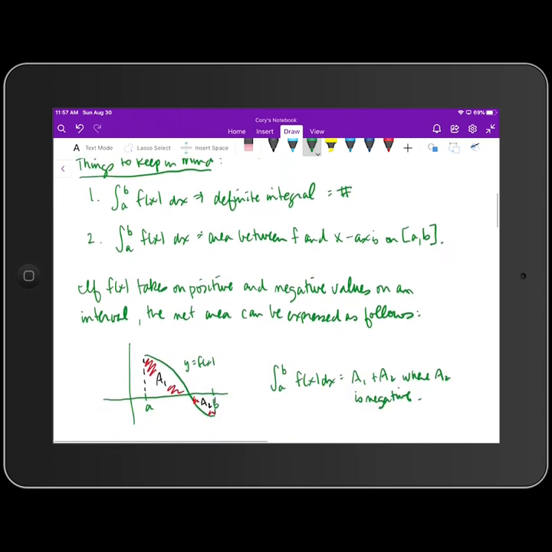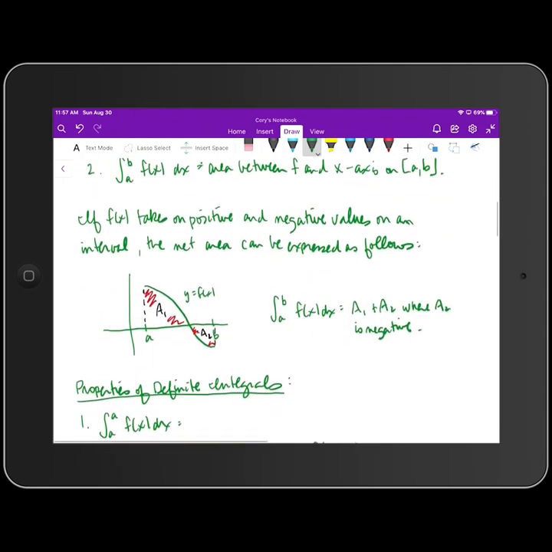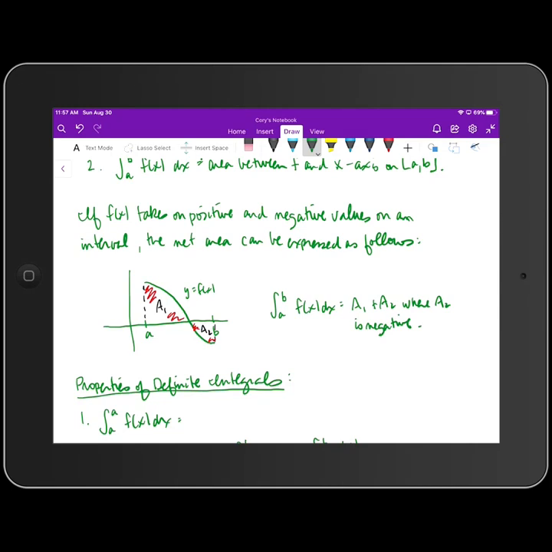Okay, so let's continue. If f of x takes on positive and negative values on an interval, the net area enclosed by the function f of x and the x-axis between a and b can be expressed as follows.